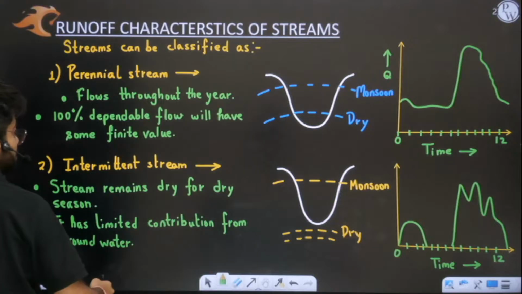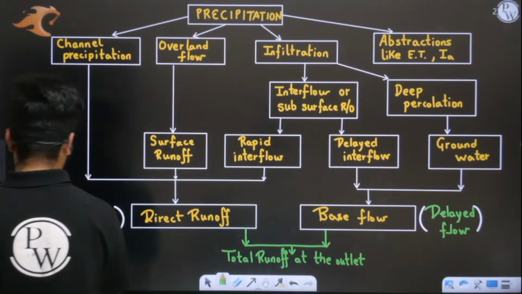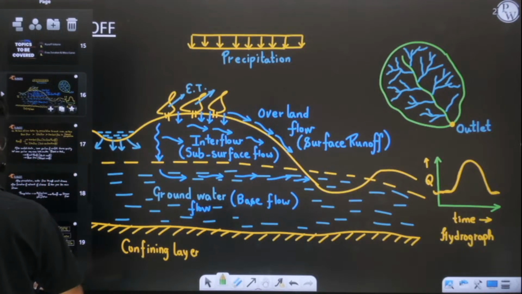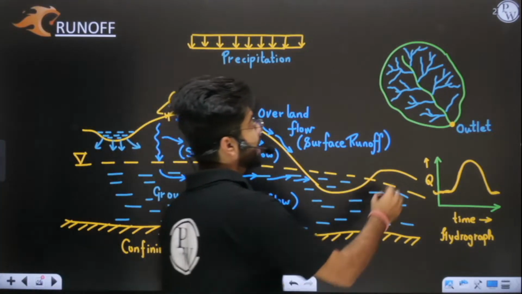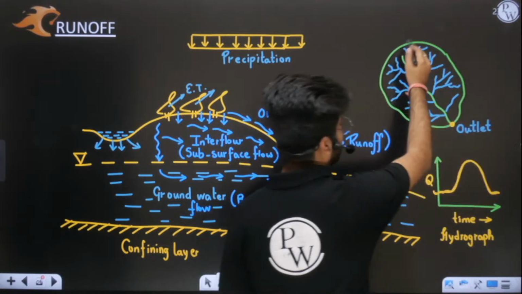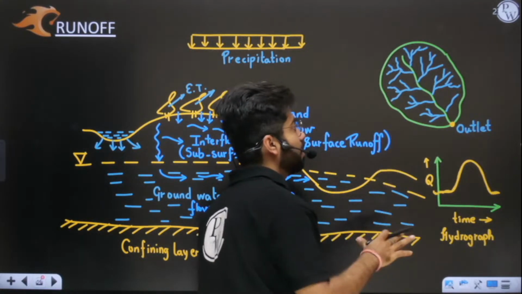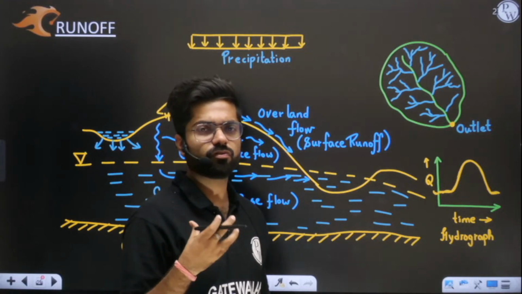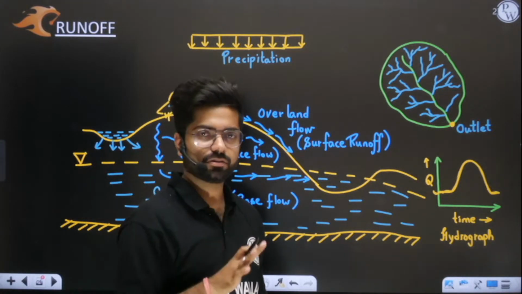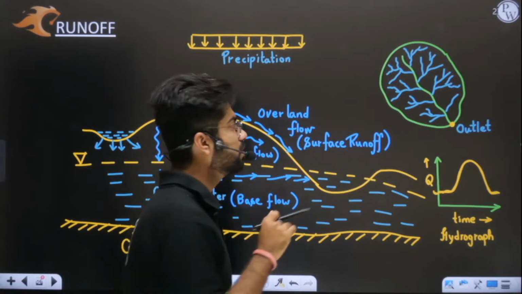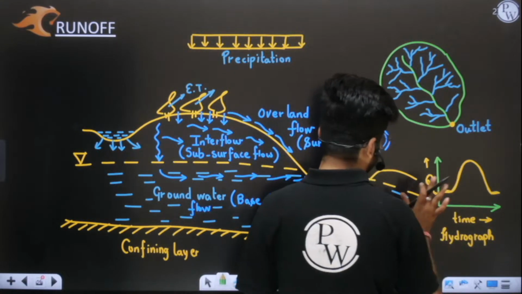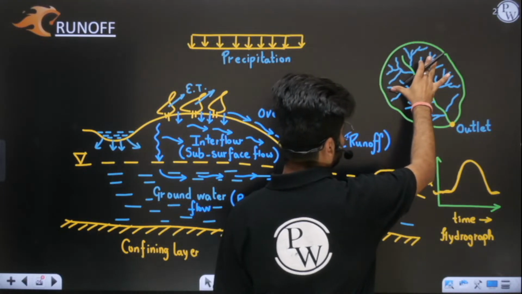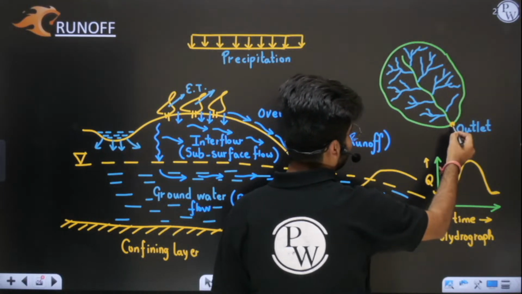So many slides I have taught you today. So this is your catchment area, this is your watershed, this is your basin. This is your water. Let us say we want to find basin yield for 1 month. After 1 month's time, all the water yielded by this basin will be reaching this outlet.